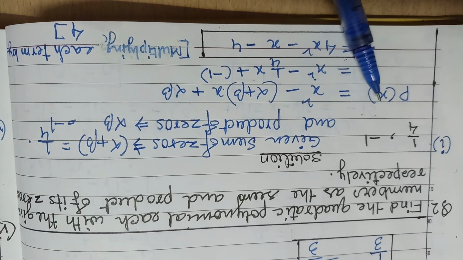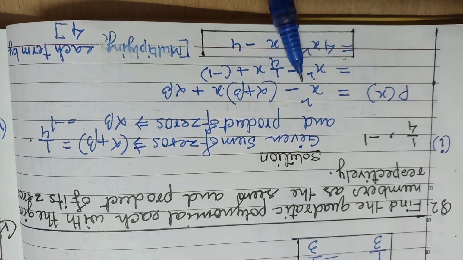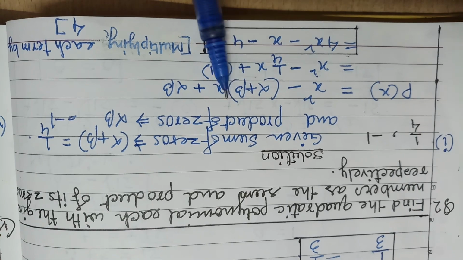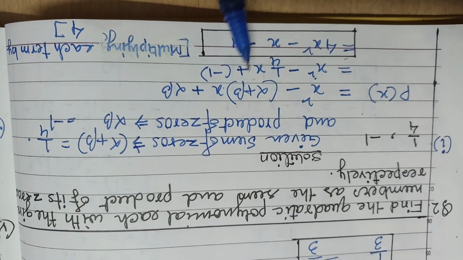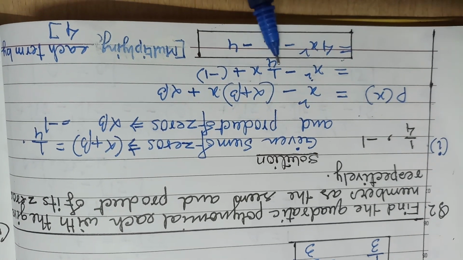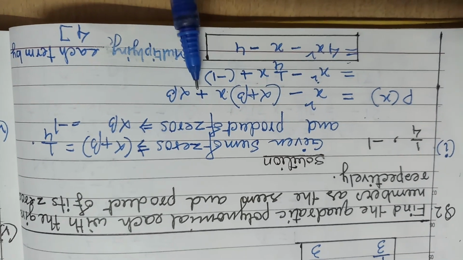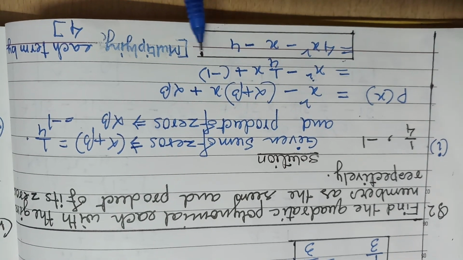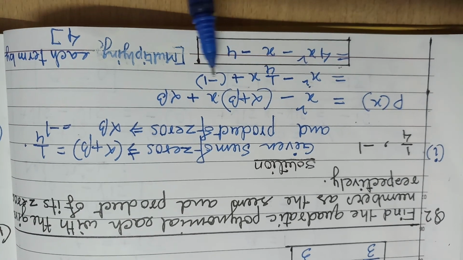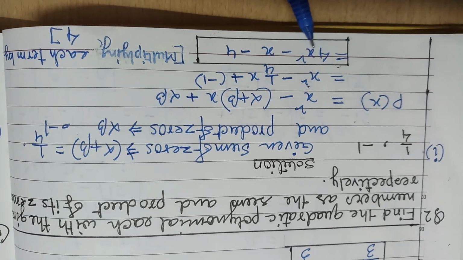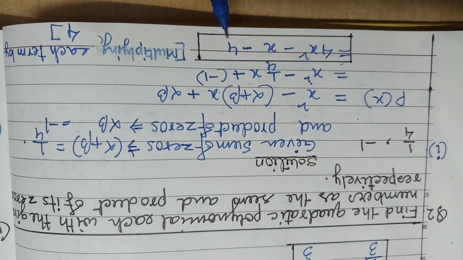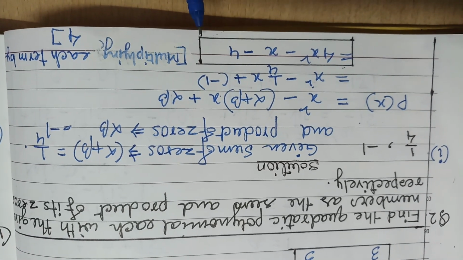The polynomial formula we know: x square minus alpha plus beta into x plus alpha beta. So instead of alpha plus beta you substitute its value, 1 upon 4. So x square minus 1 upon 4 x plus alpha beta's value, minus 1. Now if you multiply all three terms by 4, it is 4x square minus x minus 4. It is the quadratic polynomial.